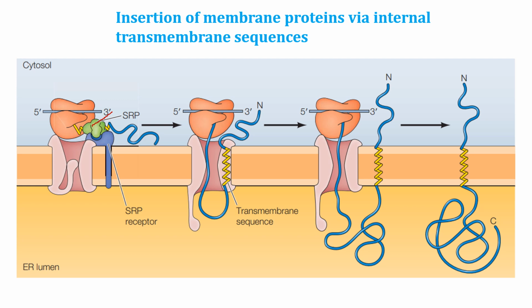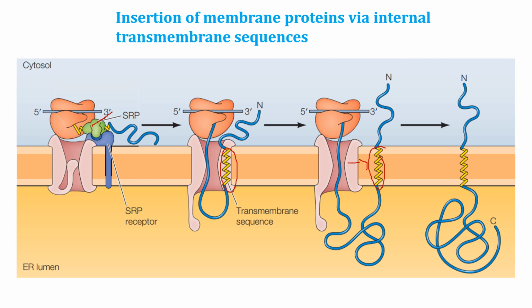The transmembrane sequence directs the insertion of the polypeptide such that the amino, the N terminal, is exposed on the cytosolic side. The transmembrane sequence exits the translocon and anchors the protein in the lipid bilayer.